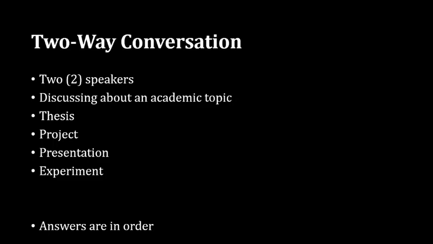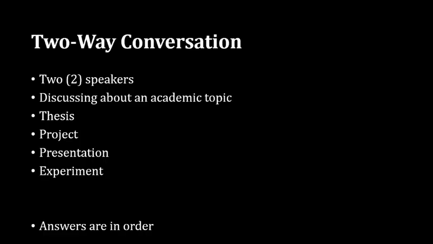Now, as I said earlier, it's a two-way conversation between two speakers, and it's mostly an academic topic. So either they are talking about a presentation, an experiment, a research, a survey, or a thesis or project.